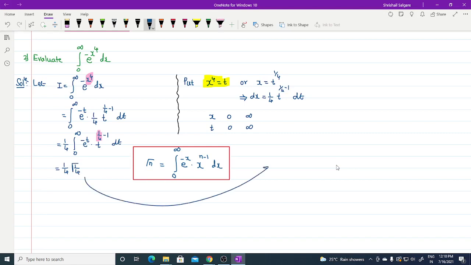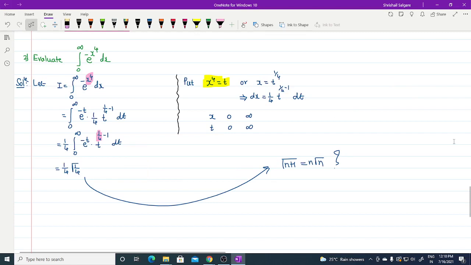Now the question is, can I apply the property gamma n plus 1 equals n gamma n to simplify that? Someone should comment on this. Suppose you apply that property, what will be the simplification? Gamma of 1 by 4, if you reduce that number by 1, what is the answer? You are getting gamma of a negative number.